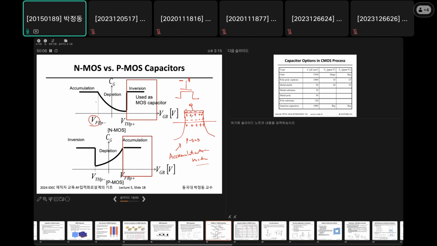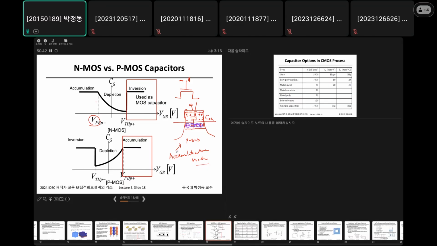The effective capacitance is from this and this. This is the COX capacitor. If VGB is larger than V flat band, then this area will be covered with bonded charges.